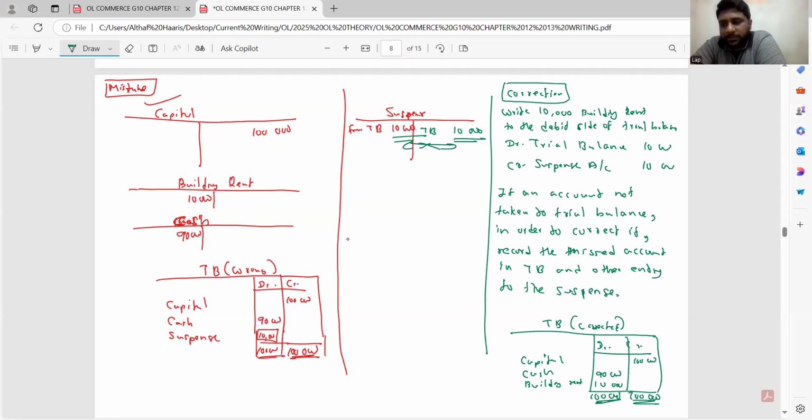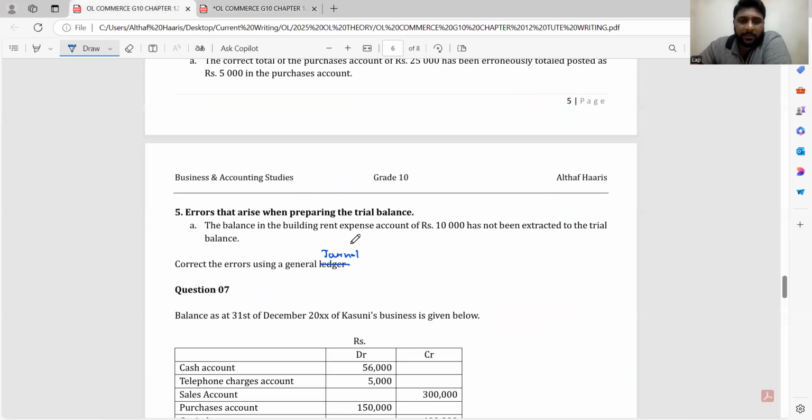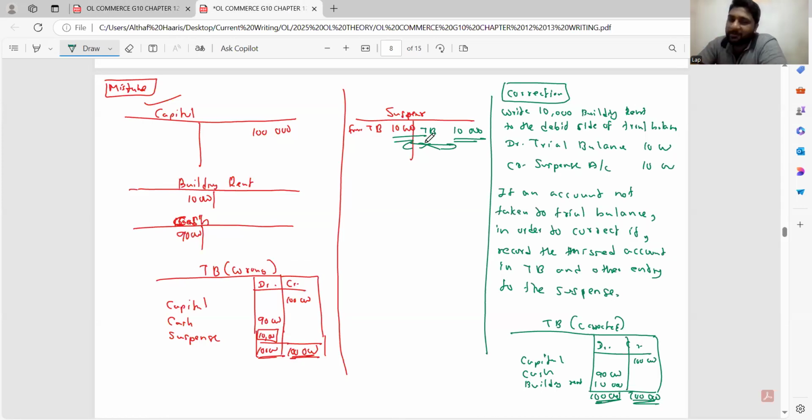Which one, Yunus? Here simply what they are telling is that the building rent account is not taken into the trial balance. So the correction is, if they have not taken it, take it to the current trial balance. That's the only thing that I explained. If an account is not taken to the trial balance, take it.